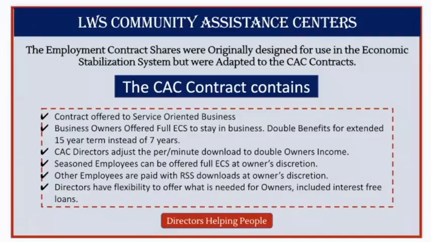We double their benefits for 15-year terms if they would like to do that, instead of the 7-year. And again, that's the money that you put on the table for these people, the things that will help them to want to stay and continue to do work. The CAC directors adjust the per minute download to double owner's income.